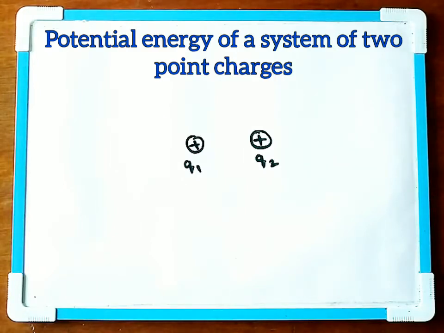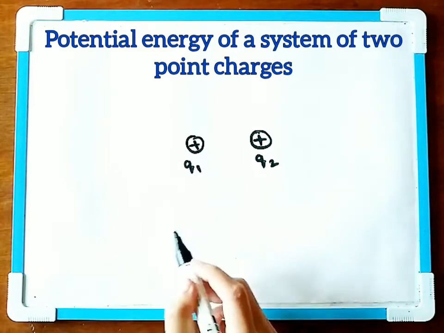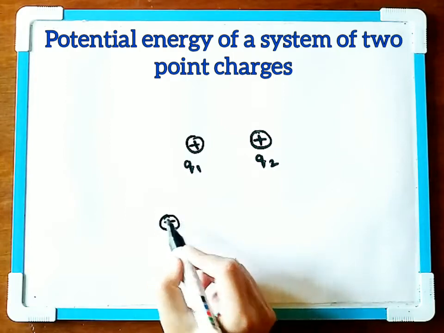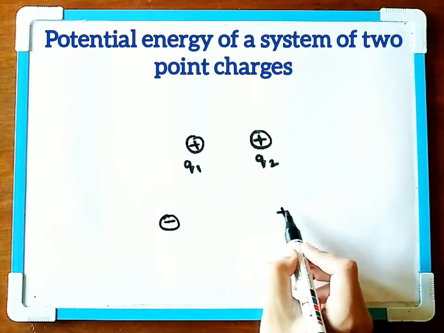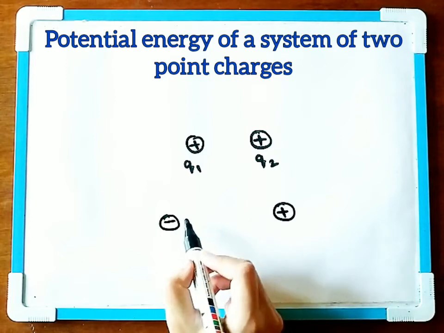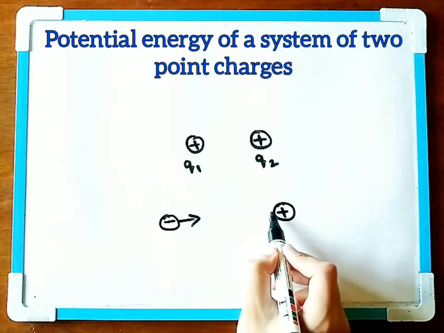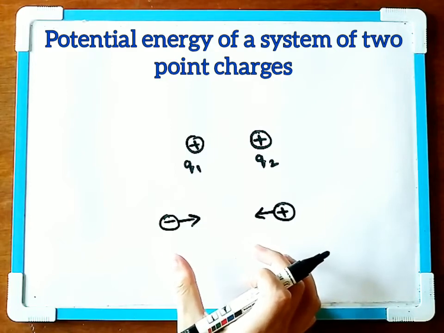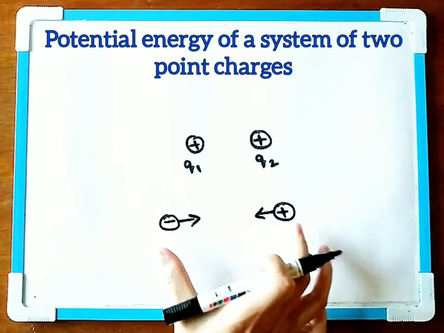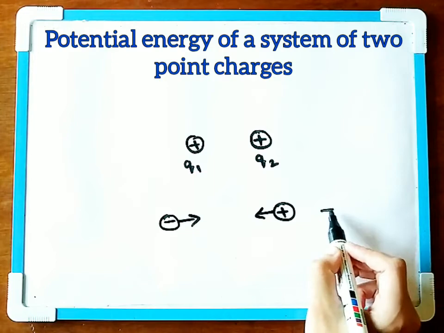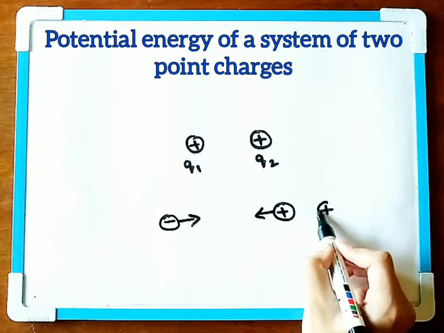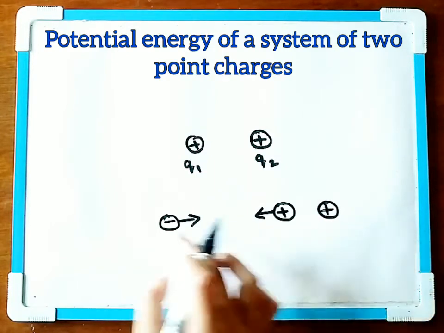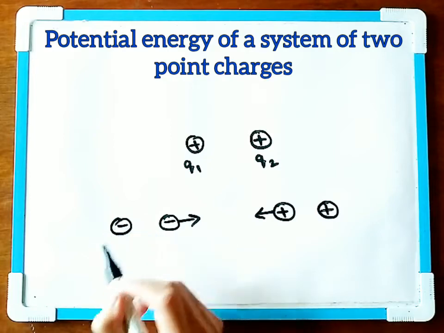Similarly, if we have 2-point charges, one negative and the other positive, then there's a force of attraction between them. So they are attracted to one another. Now if I displace this against the electrostatic force, the attractive force, I bring this here and this one in this position.